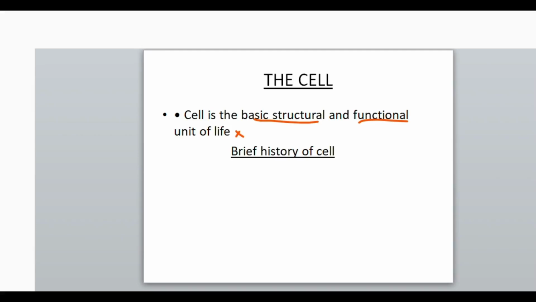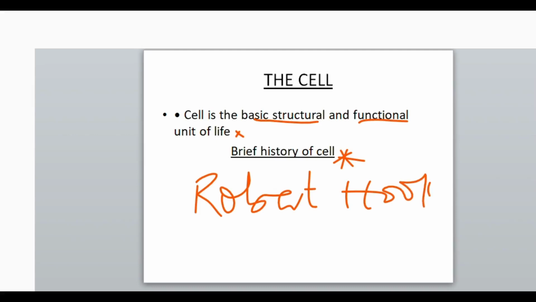Now let's quickly talk about a brief history of the cell. About 300 years ago, Robert Hooke, an English scientist, did an experiment where he looked at a thin slice of cork through his crude microscope.